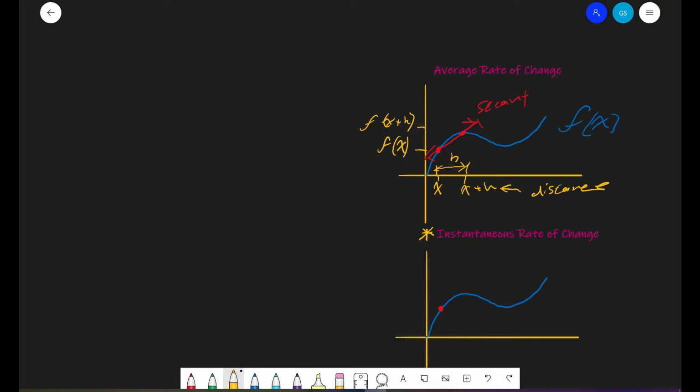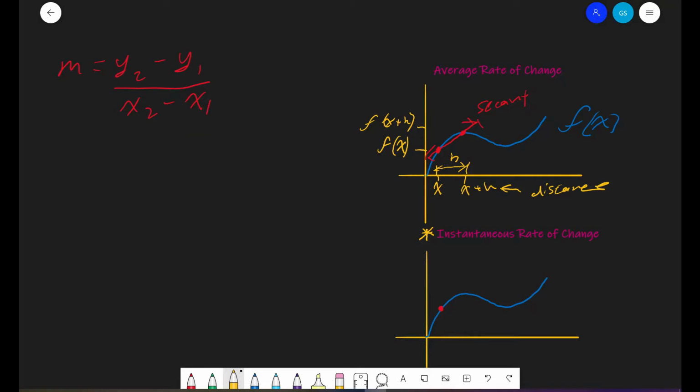It's a linear function. So if we want to find the average rate of change, we can just use the slope formula. And if you recall correctly from grade 9, the slope formula is m equals y2 minus y1 over x2 minus x1. So let's do the derivation of this.